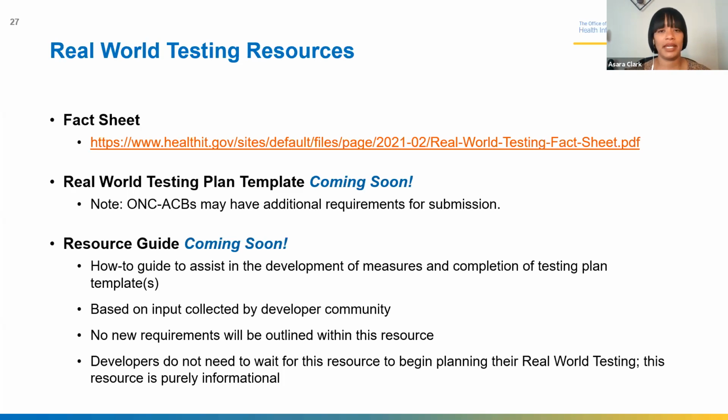It's strictly based on what we've adopted in regulation and the input that we've received from the developer community. We also received some input from the ONC ACB community. So you can rest assured that we're collaborating with all of the entities and stakeholders that we need to, to be sure that we provide you with a guide that is helpful as a resource.